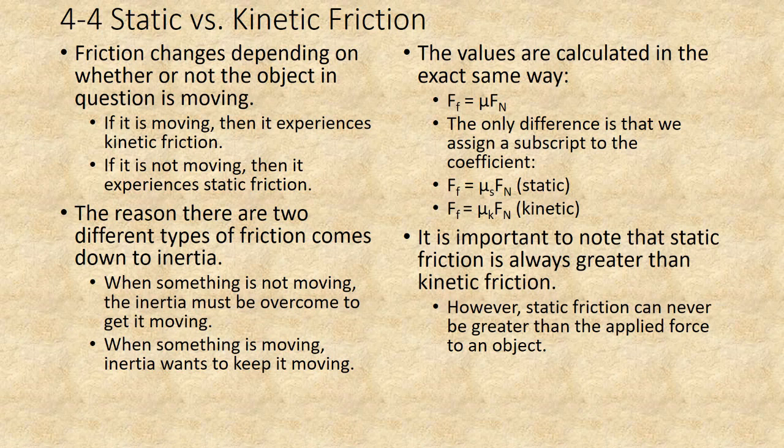And it's important for us to note that static friction is always the stronger version of the friction, because it's more difficult to get an object moving than it is to keep it moving. It's important to note, however, static friction can never be greater than the applied force on an object, but kinetic friction can, and that can be somewhat confusing.